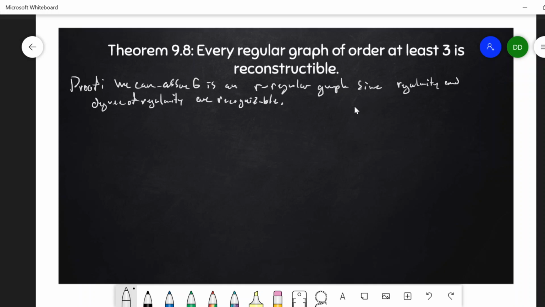So what we need to show is that we can determine G from all of the G sub i's. Again, we'll let G sub i equal G minus V sub i, and we want to determine G from this set of vertex-deleted subgraphs.